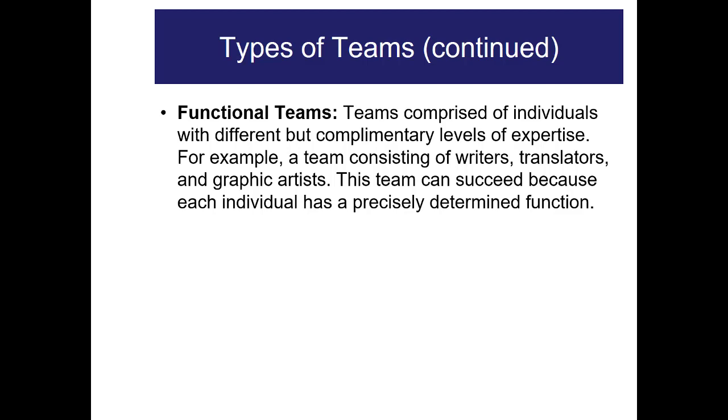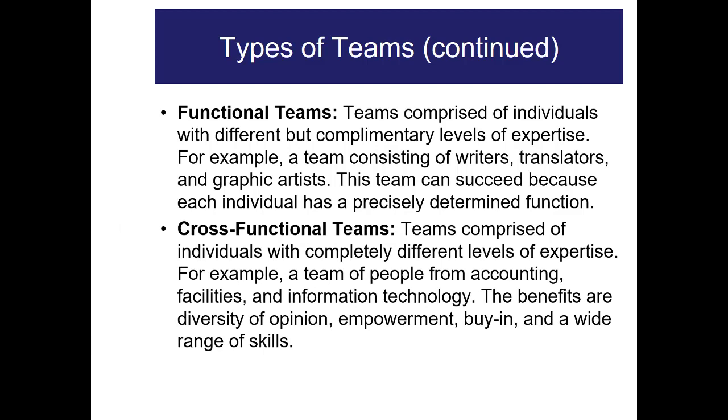Then we have cross-functional teams. These teams are composed of individuals with completely different levels of expertise. For example, we have accounts, information technology, and facilities. So they benefit from the diversity of opinion.